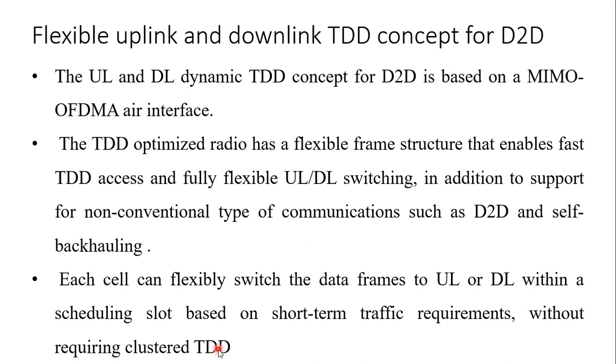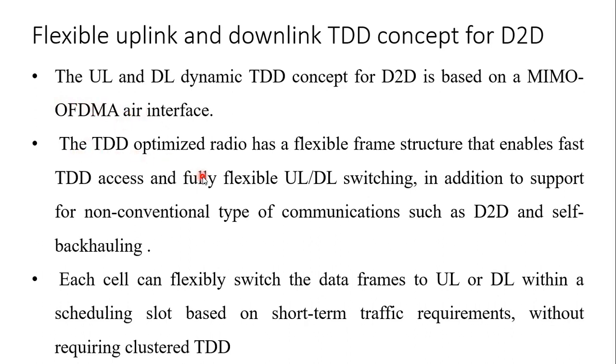Now, first and foremost is the flexible uplink and downlink time division duplexing concept for D2D. The uplink and downlink dynamic time division duplexing concept for D2D is based on a MIMO OFDMA air interface, orthogonal frequency division multiple access.